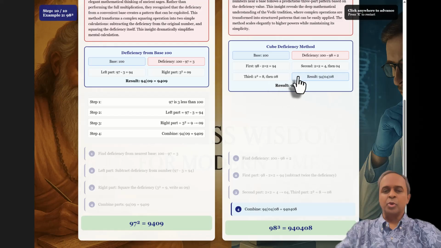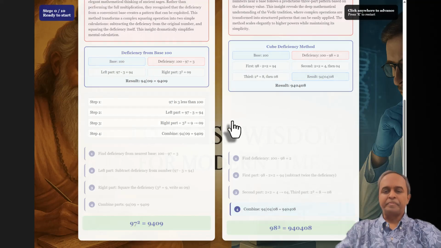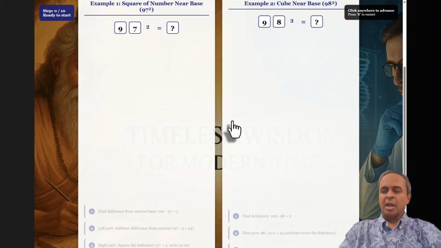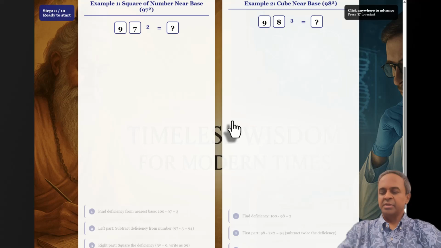Now the result is you put all three of them together, as we said earlier, it's a three-step process: 94, 04, 08. So 940,408. That's the answer for this. As you can see, it is easy to solve squares and cubes of numbers which are close to the base.